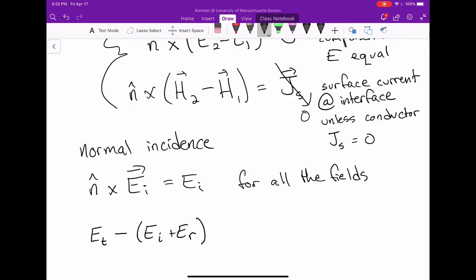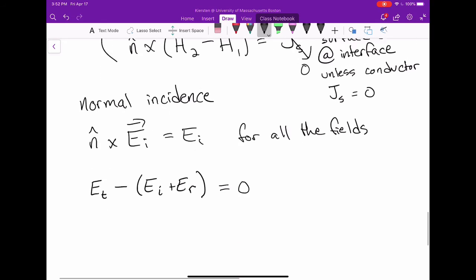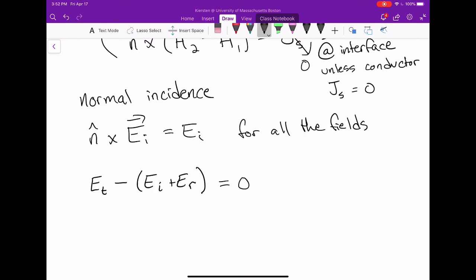And those have to equal 0. And then the second boundary condition becomes HT minus HI minus HR, because remember, these two vectors are in opposite directions. And that has to equal 0.